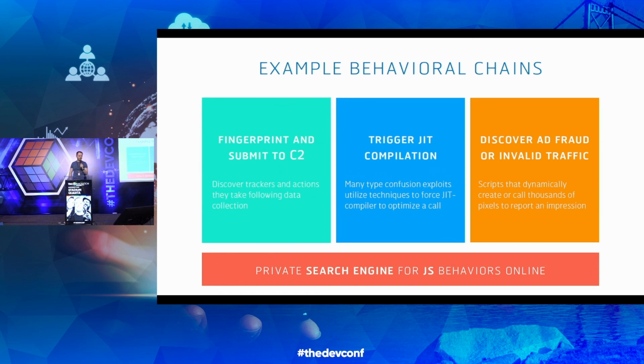Or maybe we can discover ad fraud, which basically just sends millions of requests somewhere, right? So what we end up with in this TML is kind of a private search engine, but instead of typing in text and looking for it on the internet, we end up with a search engine for behaviors. Who on the internet does this, followed by this, and ends up at this, right?